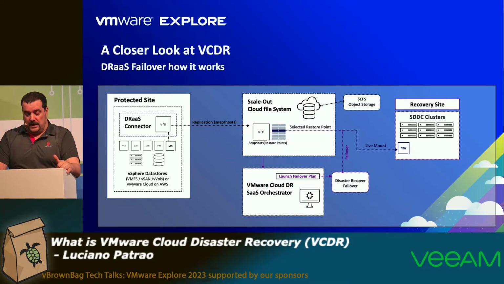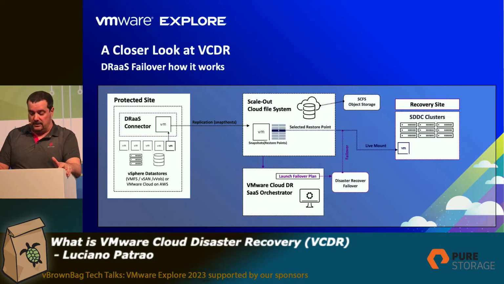So a failover is very, very easy. You launch a failover plan, and it automatically builds your recovery site. You can run a disaster recovery plan just to test if your backups are okay. If not, you will rephrase and do it again, because the disaster recovery plan is very important.